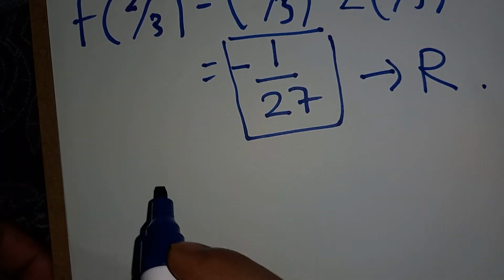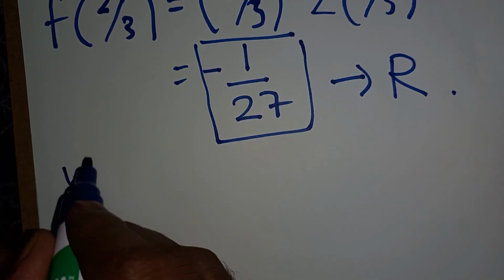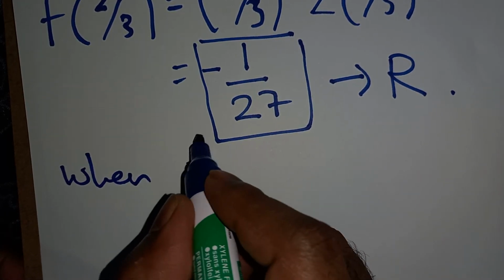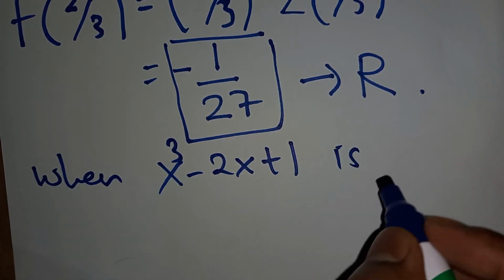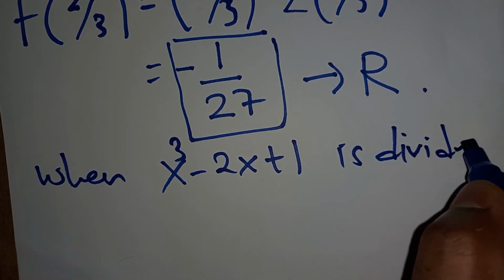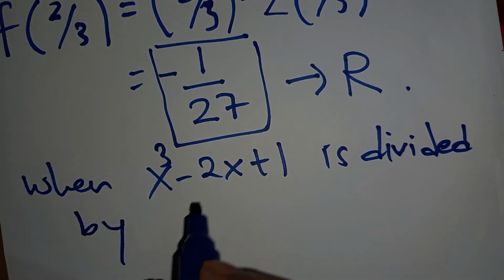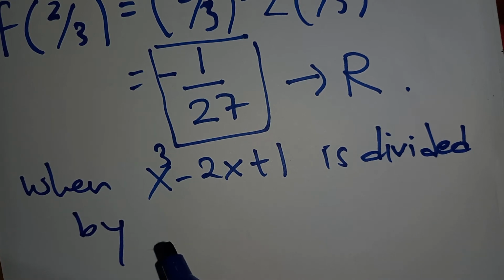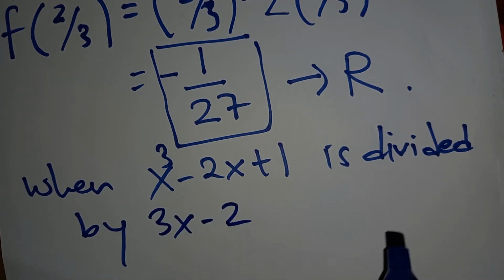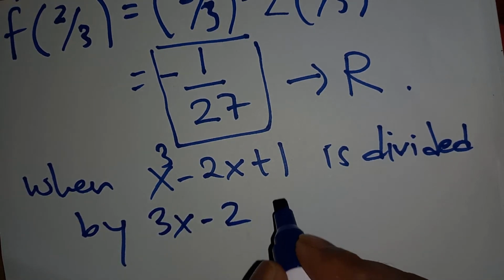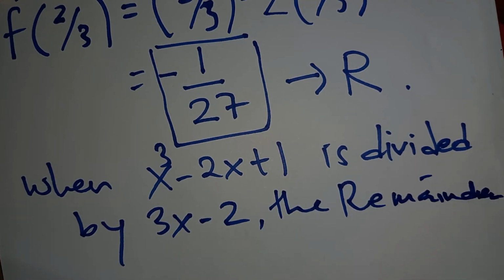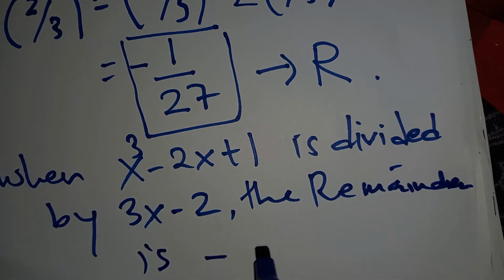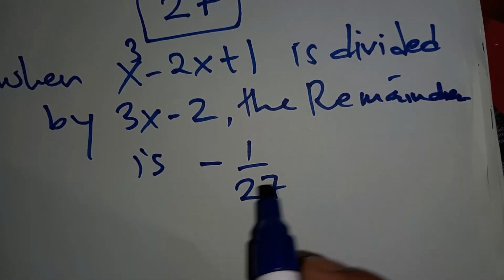So when x cube minus 2x plus 1 is divided by 3x minus 2, the remainder is negative 1 over 27.